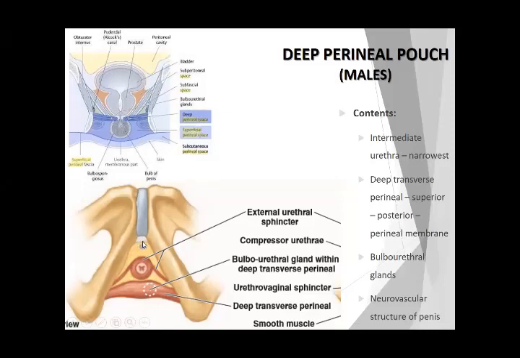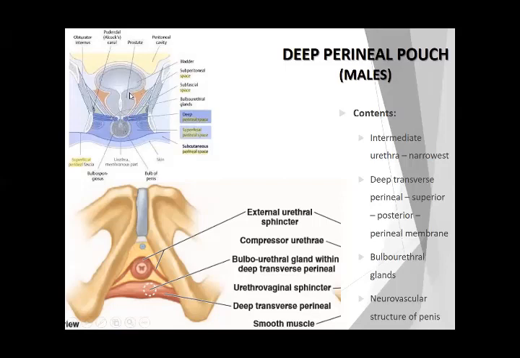There is a gap between the anterior margin of the perineal membrane and the pubic symphysis, and this gap is filled with fat, and it transmits the deep dorsal vein of the penis. That is why God has made this gap, and this deep dorsal vein of penis enters from here, passes through the deep perineal pouch, and it drains into the vesico-prostatic venous plexus over here.